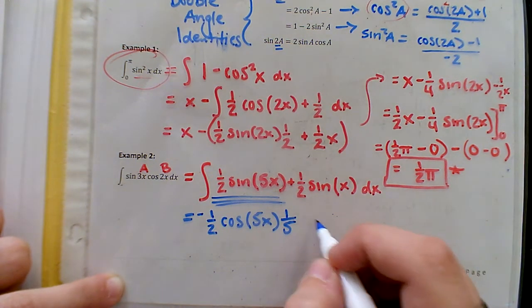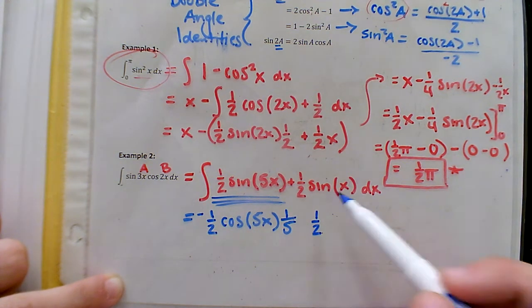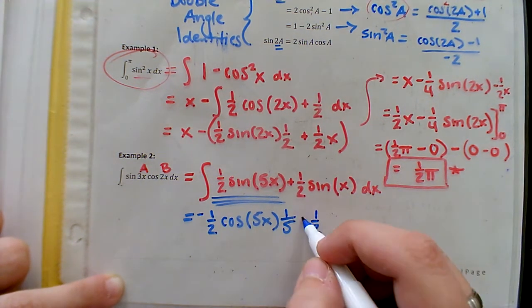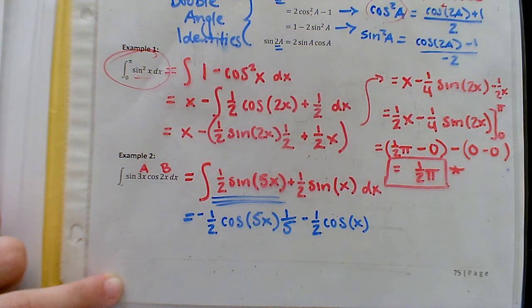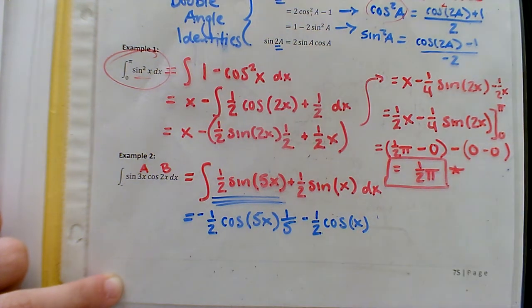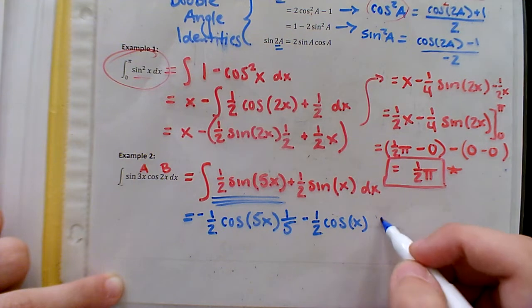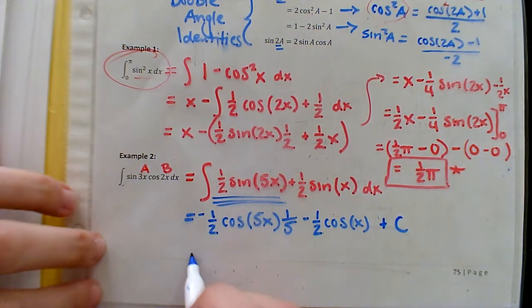If we work backwards from the other term, we can keep the 1/2. The antiderivative of sine is a negative cosine. And same idea, you would have to multiply by 1/1 though, the derivative of the inside, but that's not going to change anything. We don't know the bounds, so plus c is a good way to go. And maybe we can clean it up.